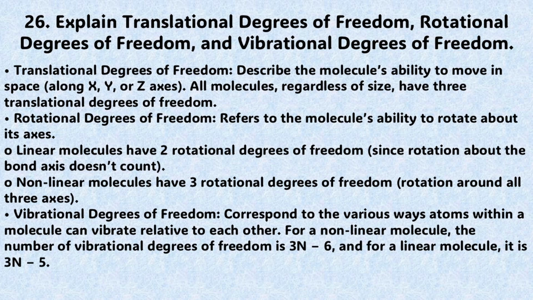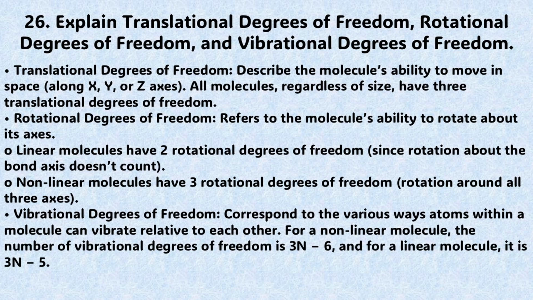Rotational degrees of freedom refers to the molecule's ability to rotate about its axis. Linear molecules have 2 rotational degrees of freedom, since rotation about the bond axis doesn't count. Nonlinear molecules have 3 rotational degrees of freedom, rotation around all 3 axes.